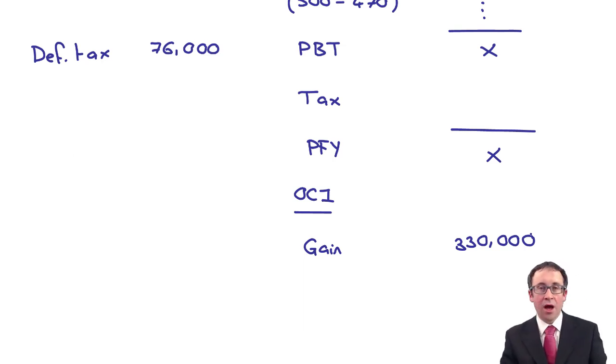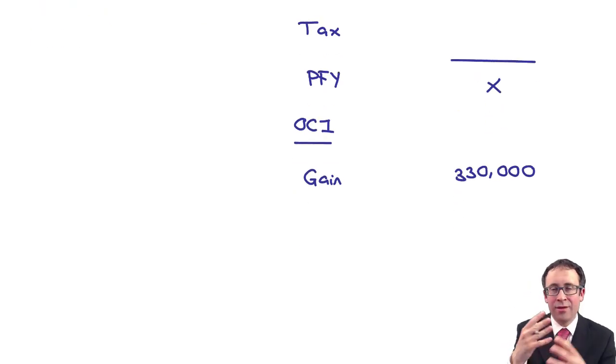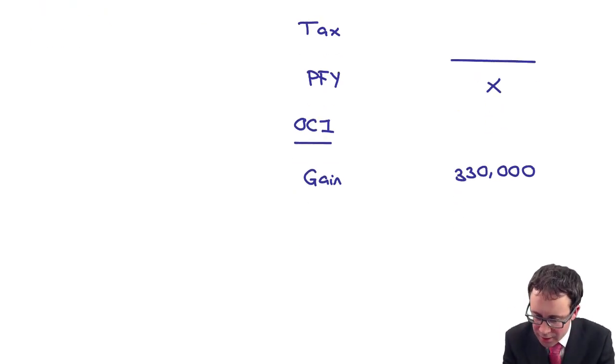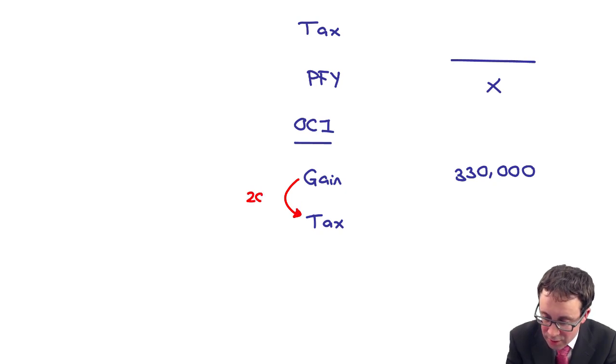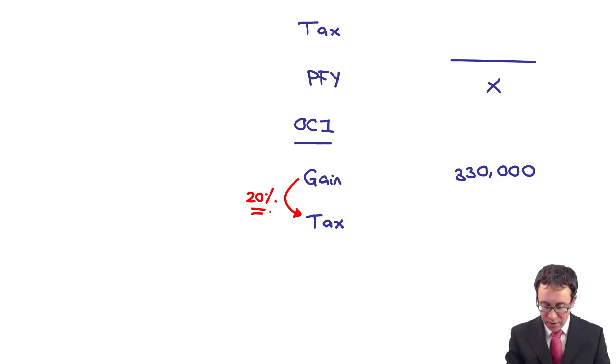Okay. Without even thinking about the movement on the deferred tax, we can work out what the tax is upon that gain. The tax is 20%. So that gain of 330 is there at 66,000.